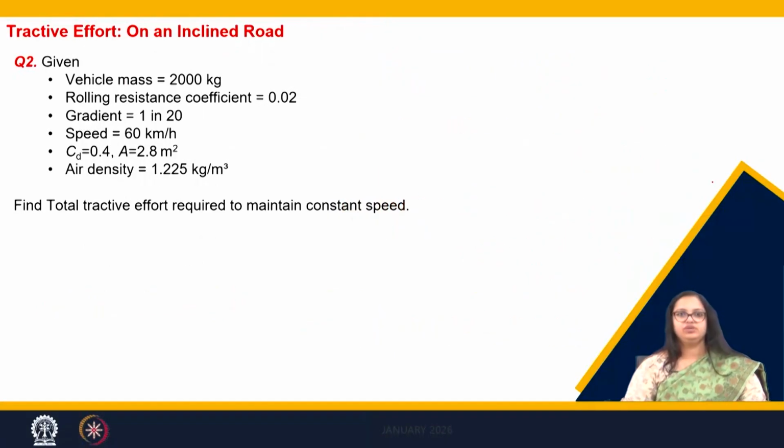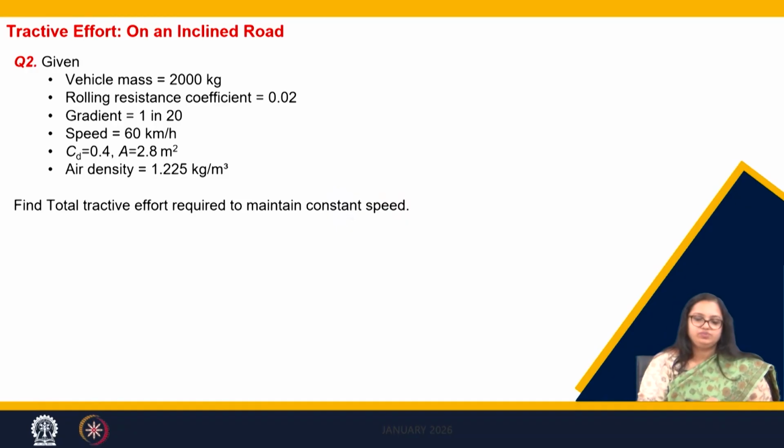Okay. Now, going to the second question, where the vehicle mass is around 2000 kg, which is m, the rolling resistance coefficient is equal to 0.02, the gradient is 1 in 20 and the speed is 60 kilometers per hour.